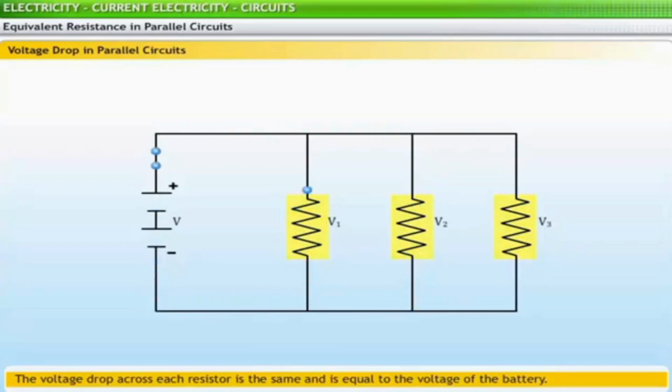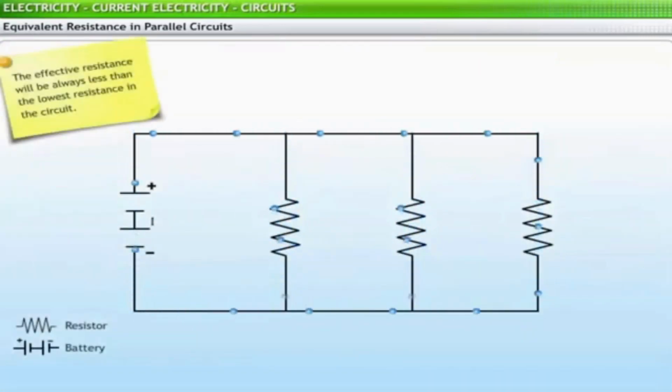The voltage drop across that resistor must equal the voltage of the battery. Put in equation form, this principle is expressed as V equals V1 equals V2 equals V3. Let the equivalent resistance be R.